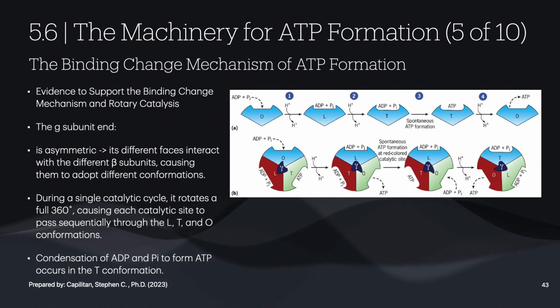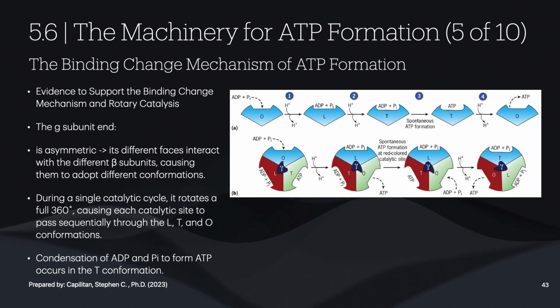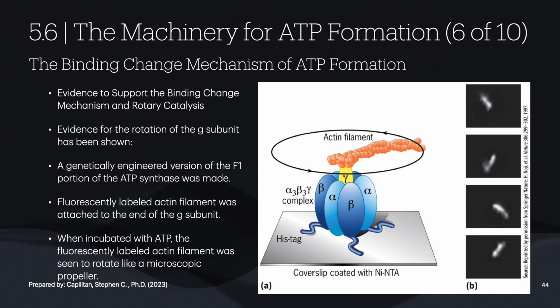And during a single catalytic cycle, it rotates a full 360 degrees, causing each of these catalytic sites to pass sequentially through the L, T, and O conformations. Then condensation of the ADP and the phosphate group to form ATP happens at the T conformation. So this is again showing you different steps of the binding change mechanism for ATP synthesis.